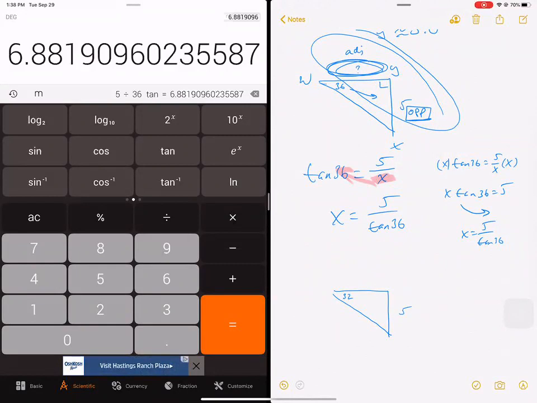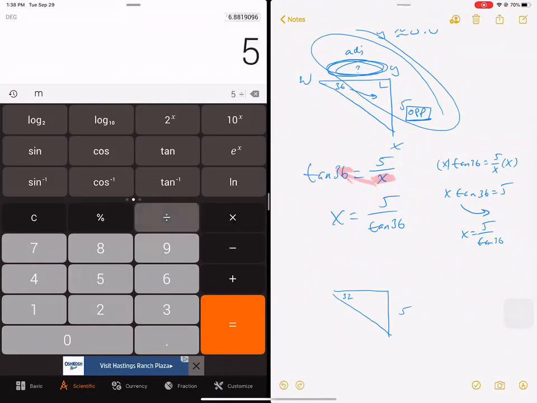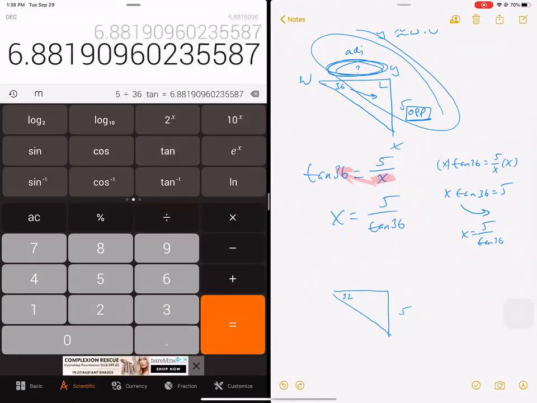But if you take a look at what I wrote here, this isn't multiplication, this is division. So if I type 5 divided by 36 tangent, that gives me 6.88. Well, rounding up, 6.9. Okay.